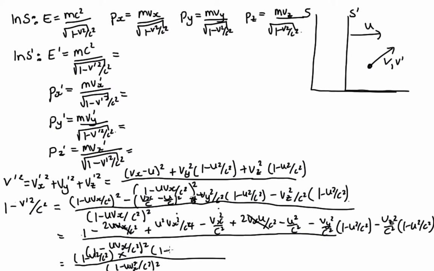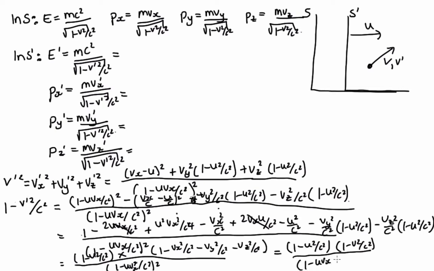So that's minus Vx squared on C squared minus Vy squared on C squared minus Vz squared on C squared. Well, that's just minus V squared. So we've got (1 minus U squared on C squared)(1 minus V squared on C squared) over (1 minus UVx on C squared) squared, and that's what this thing is.